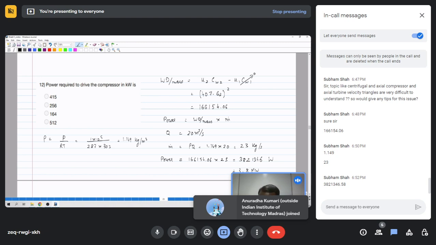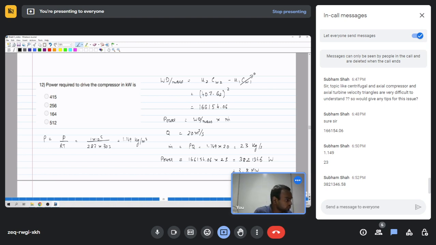Has anyone found where we went wrong? Okay, this anyway I will try to figure it out, and maybe I will correct this and upload in the PDF.